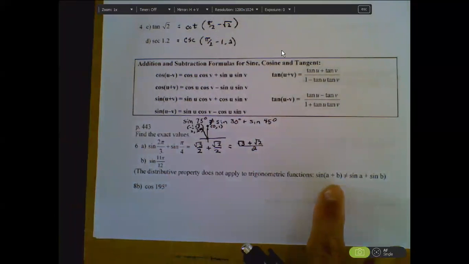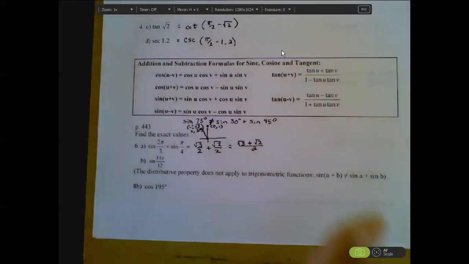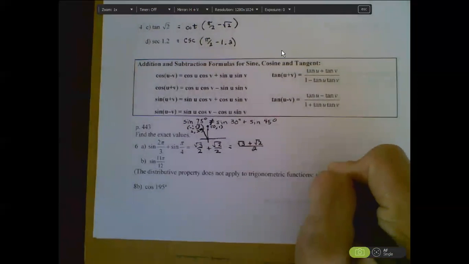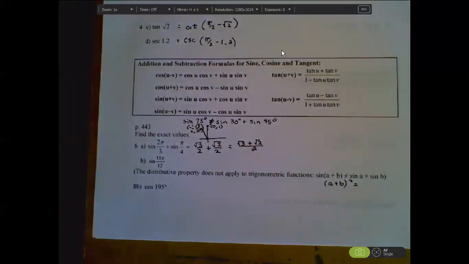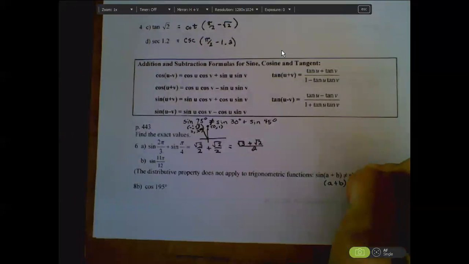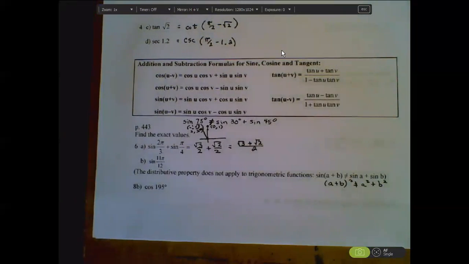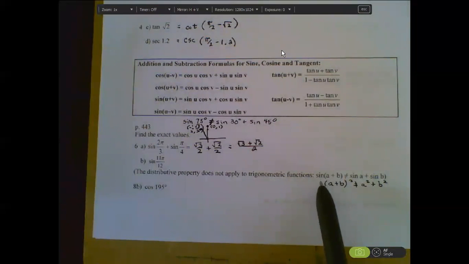But I know that I can't distribute sine through a sum, just like I can't distribute an exponent through a sum. If I have a plus b squared, I can't just square the a and square the b. And I have to remember the same thing is true with trigonometric functions and with logarithms.